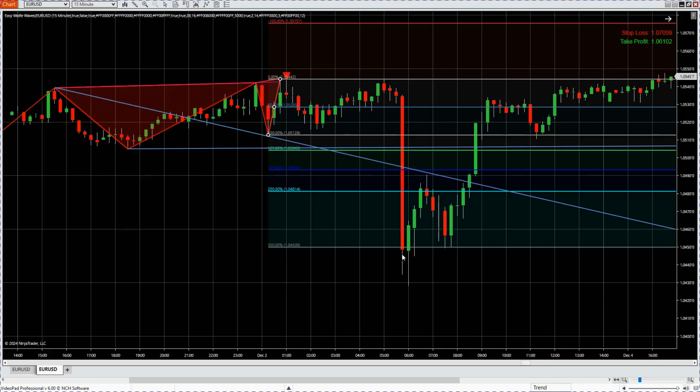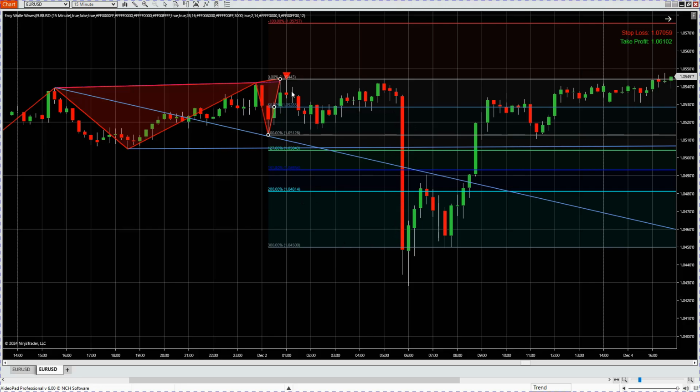So if we were to have an entry here, and then we start scaling out at these sensitive price points, this would work out really well, because you could see the Fibonacci scale provides some very good points, and you could see here the closing here is very close to that last level there, and so this would turn out to be a really good trade.